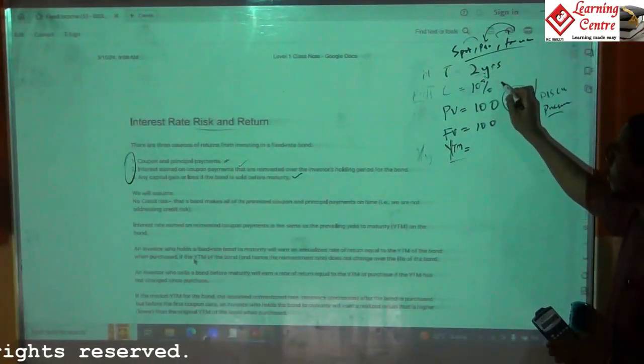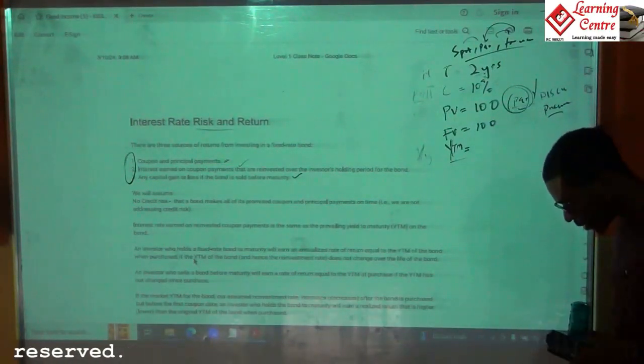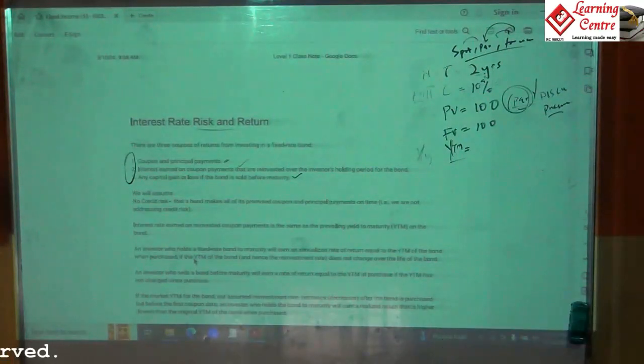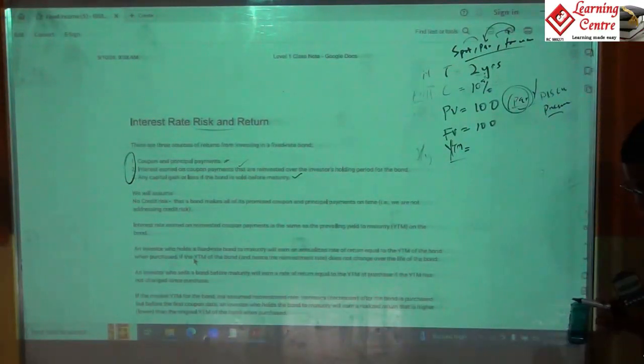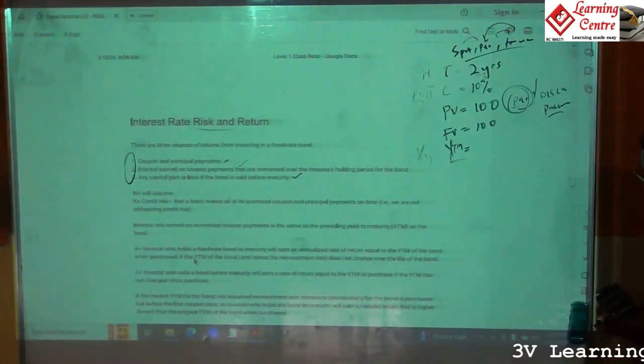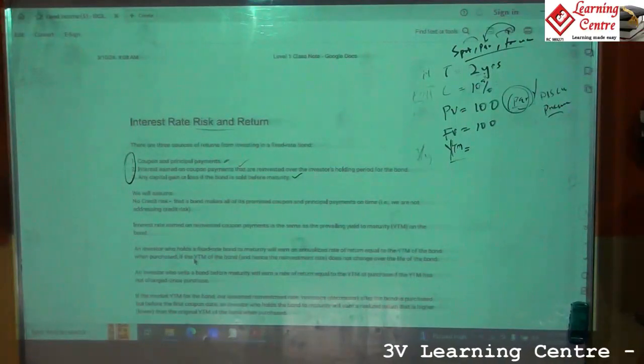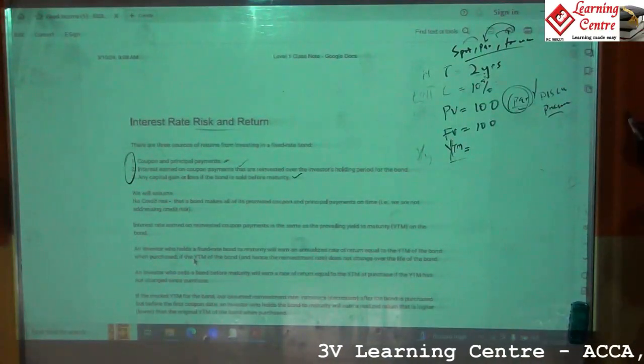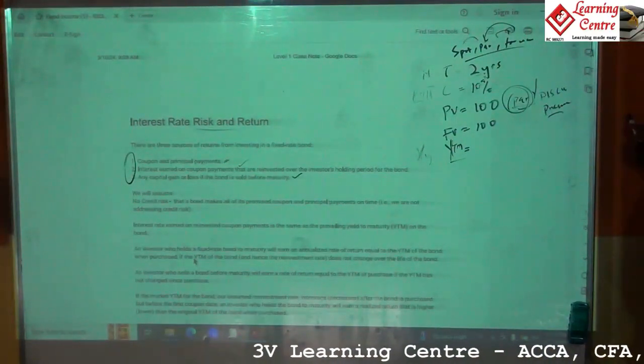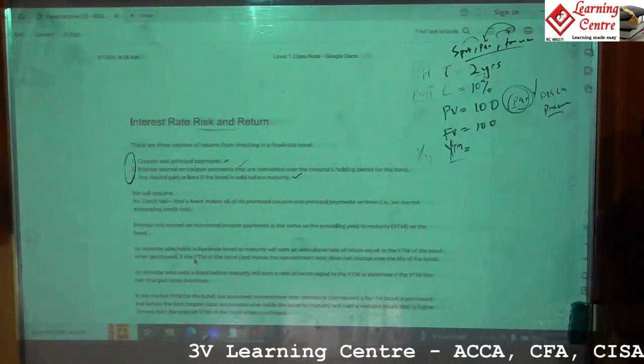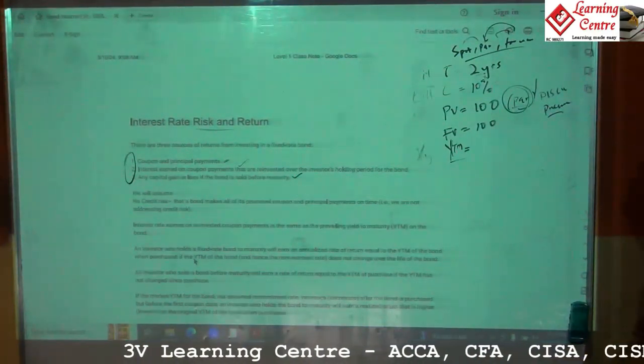You put it in dollar terms. What's 10% of $100? 10. So you put 10. Present value is how much you are paying for the bond, and that is 100.